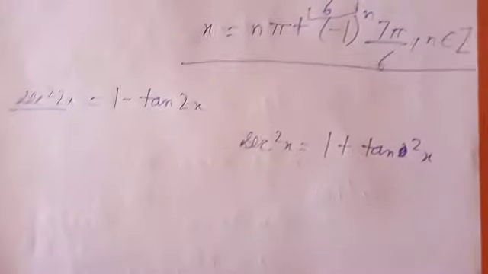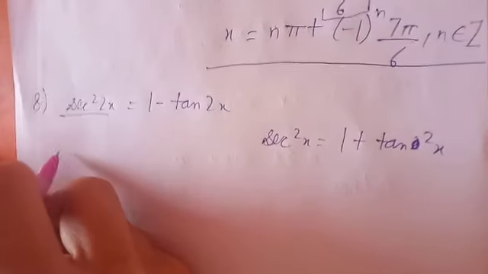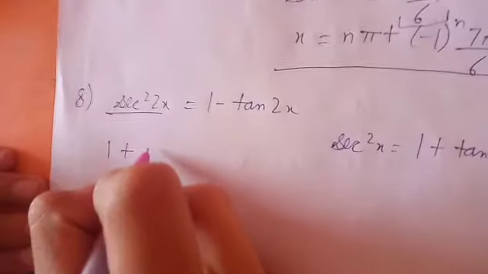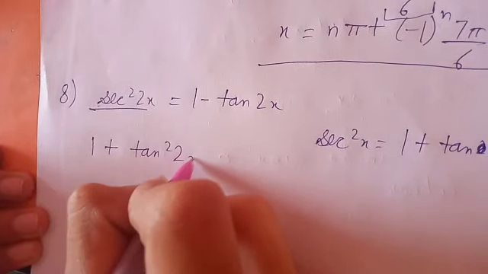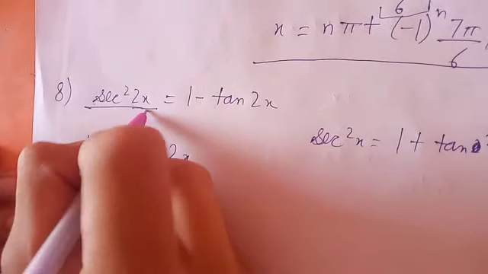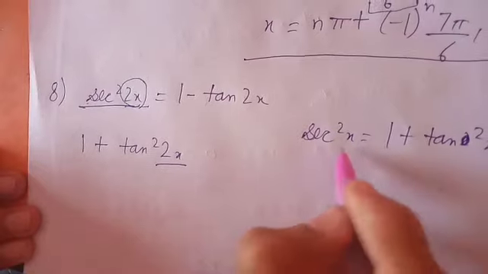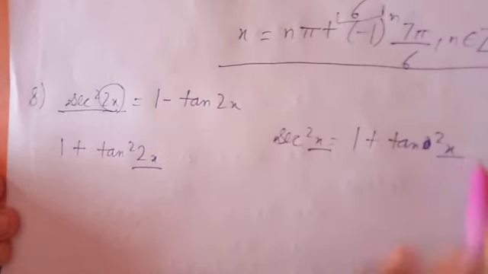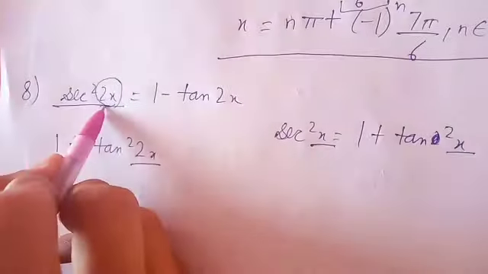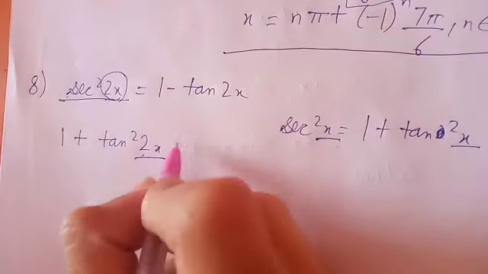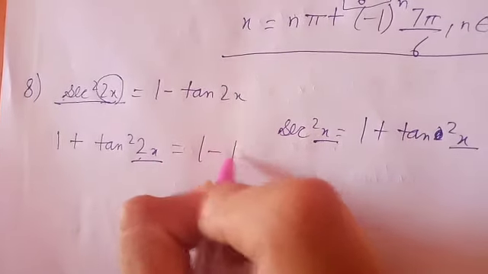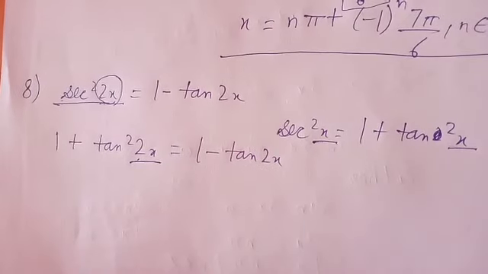So in this case we get 1 plus tangent square 2x, because here our angle is 2x. Here our angle was x, so we got x, and here we have our angle 2x, so we get 2x. That is equal to 1 minus tangent 2x.